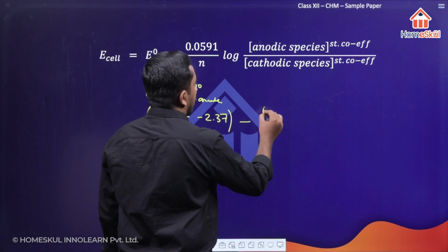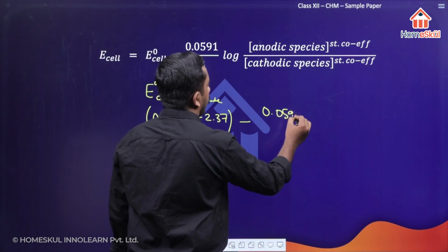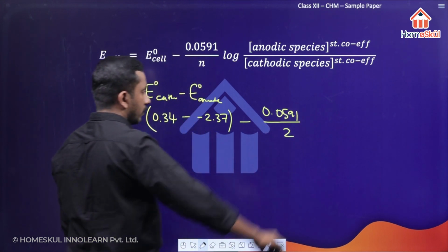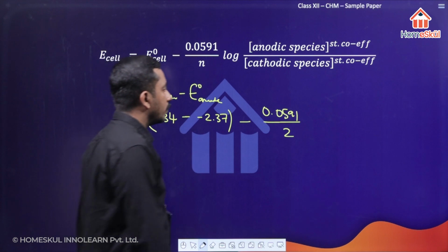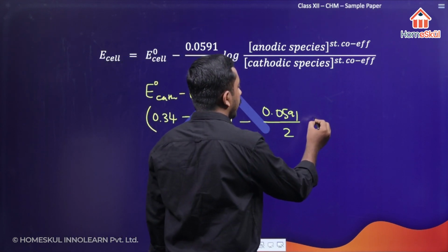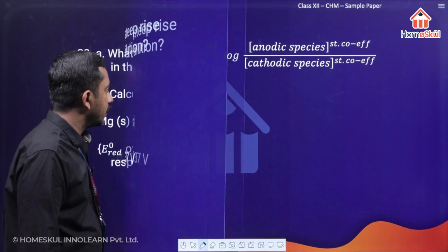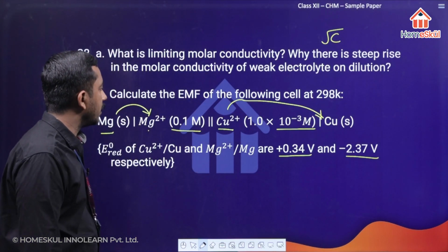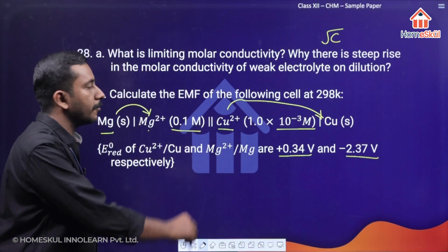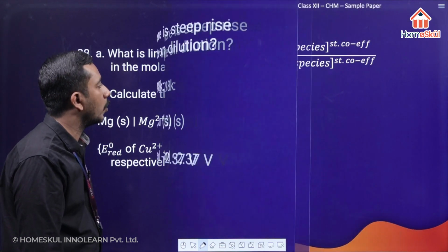And that minus 0.0591 divided by the number of electrons involved, which is 2, multiplied by the log of the concentration of anodic species, that is magnesium, 0.1 molar, over the cathode, that is 10 raised to minus 3 molar.